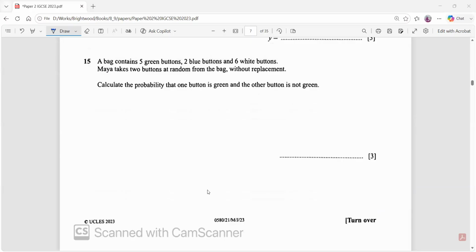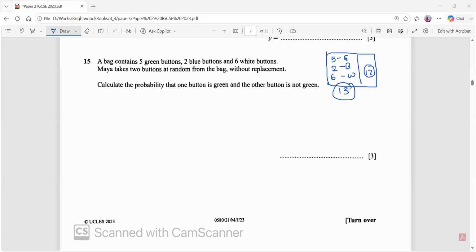In the beginning, altogether how many buttons? They have green 5, blue 2 and 6 white, altogether 13. The first time I take 1, and secondly they have 12.